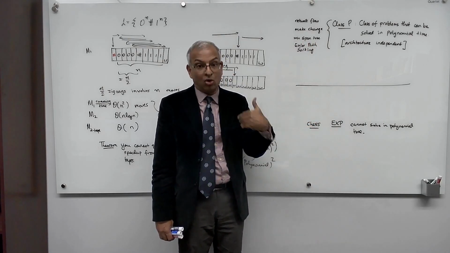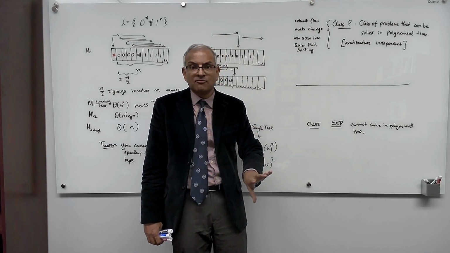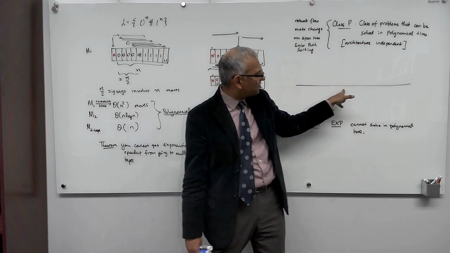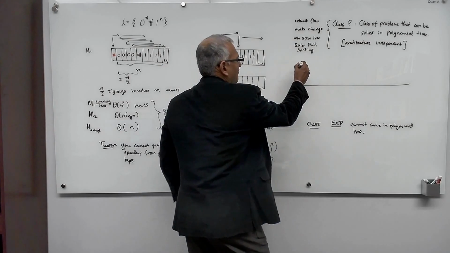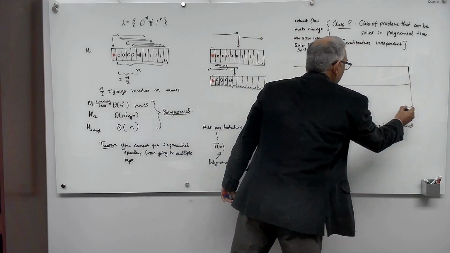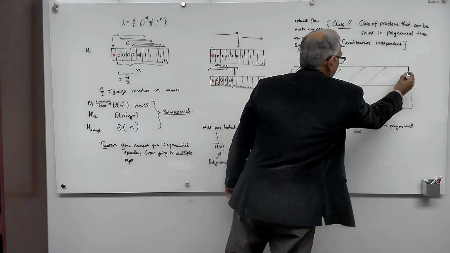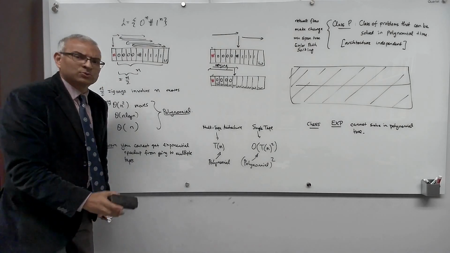In practice, and also in theory, there are many important problems for which we don't know which side of the line they belong. So this boundary isn't a thin line, it's a very fuzzy, thick region. And what do we mean by that? That's what we're going to discuss.